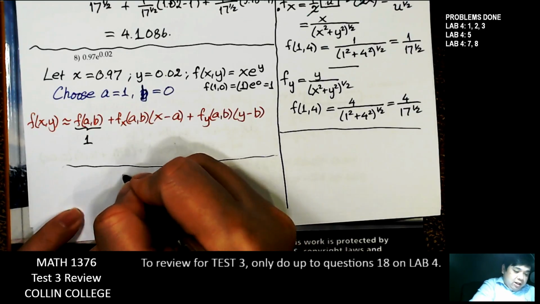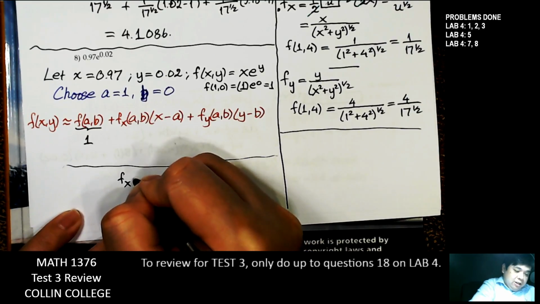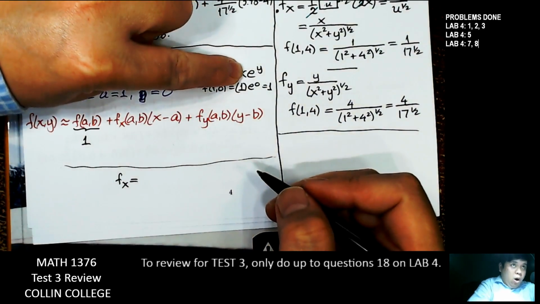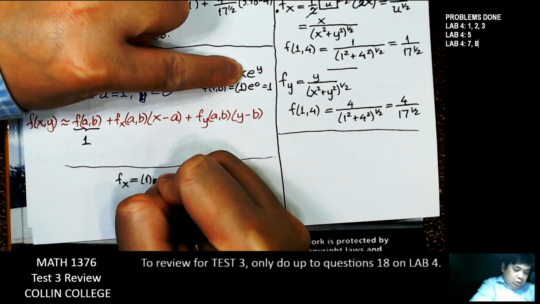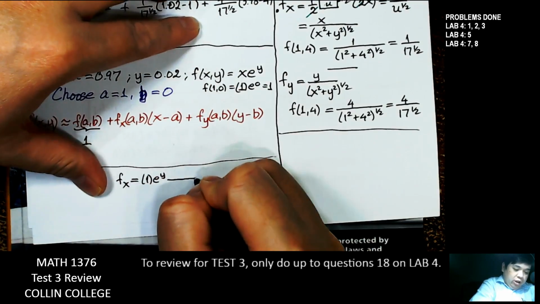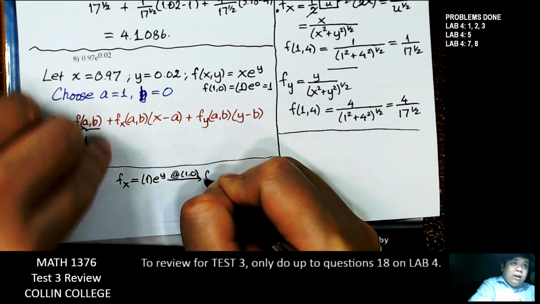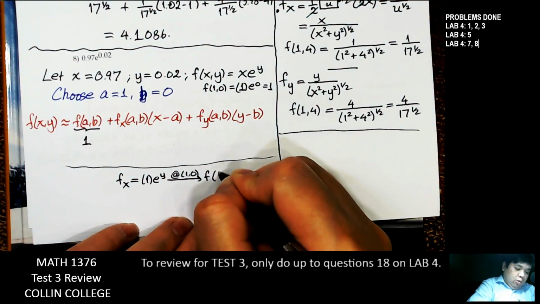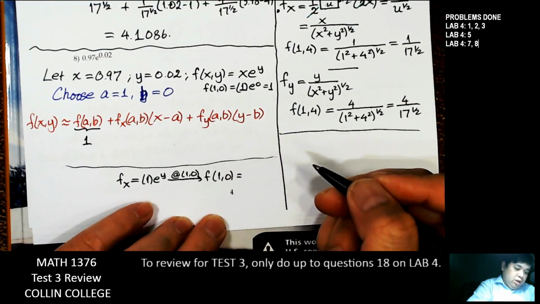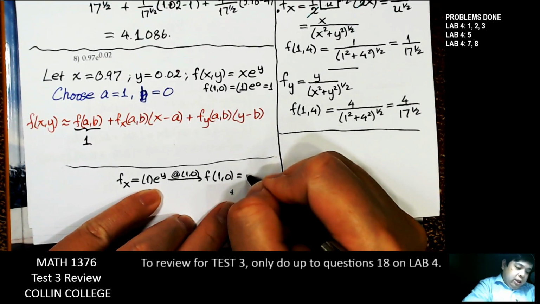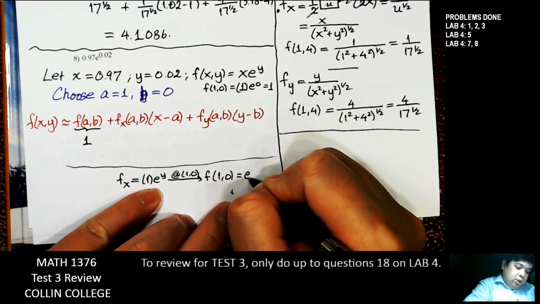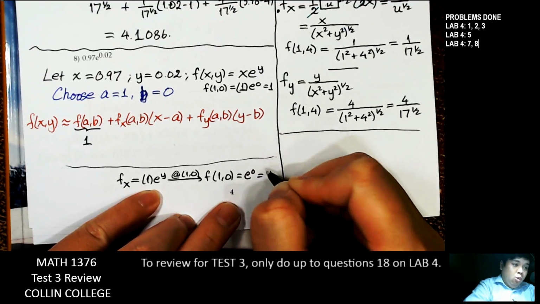The derivative with respect to x will be just 1 and e to the y. Now we evaluate at 1 and 0. It's just e to the 0 power, so that is also 1.